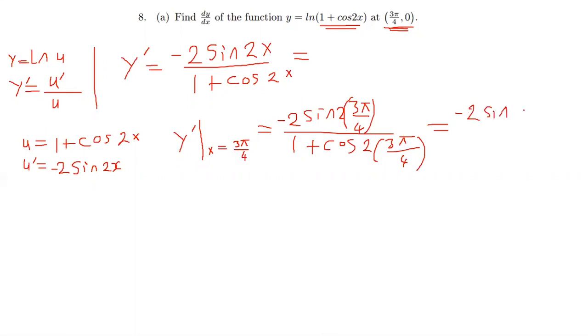2 times that, you get 3 pi over 2, and then everything divided by 1 plus cos 3 pi over 2 as well.